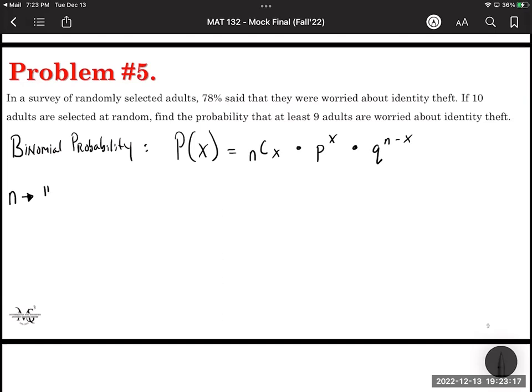N would be the number of trials or objects. Here, the objects or the trials or the individuals are the 10 people. 10 people were randomly selected. Okay, good. Now, what does X stand for?